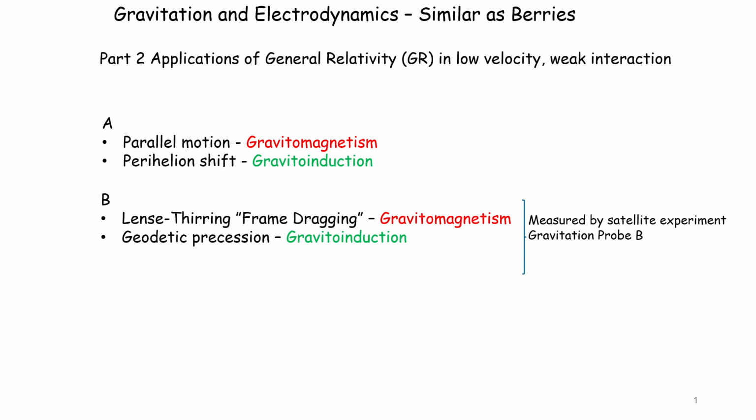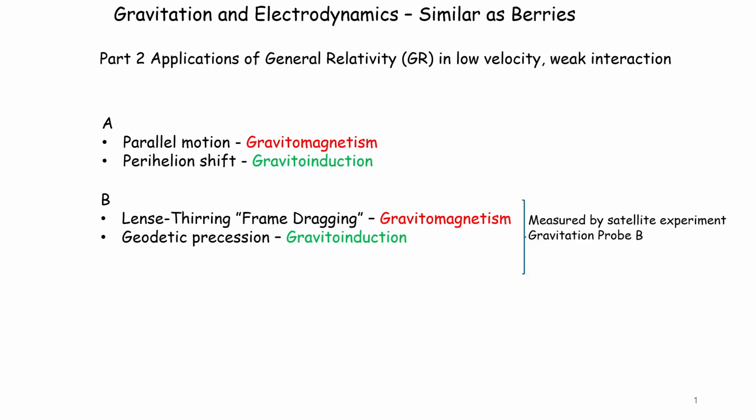Hello, welcome. This is Kjell Fritz, and we will continue with our application of general relativity in our framework, which is in the low velocity weak interaction scheme, where all experimental predictions have been done for general relativity.